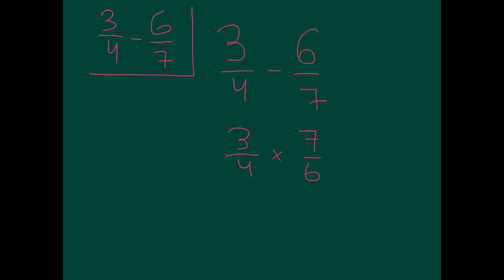So then that would equal 3 times 7 over 4 times 6. And so 3 and 6 can cancel each other out. That will equal 1 and 2. And so 7 over 8. And so that's the answer.